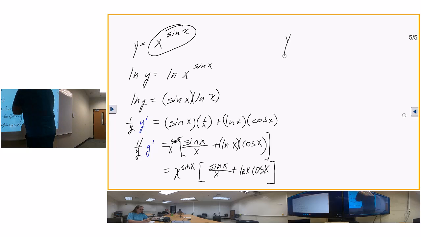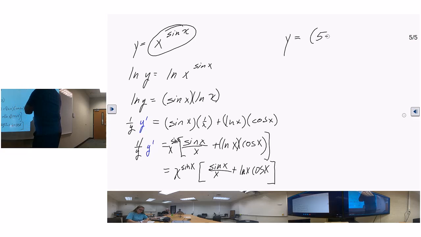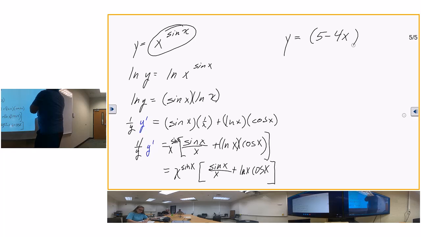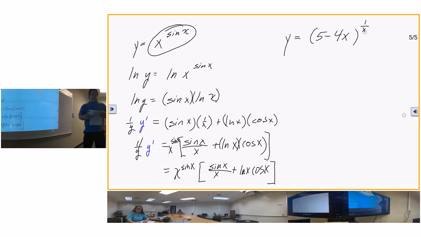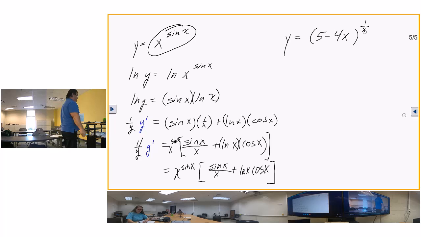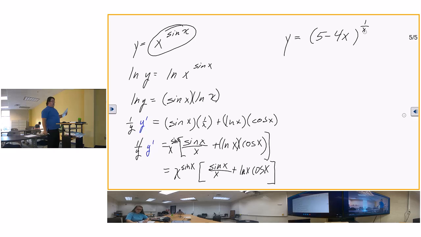Y is equal to 5 minus 4x to the 1 over x power. Now, why can't you just do the chain rule here? Because of the 1 over x. Now, you could make that an x to the negative 1, but you still got a problem.